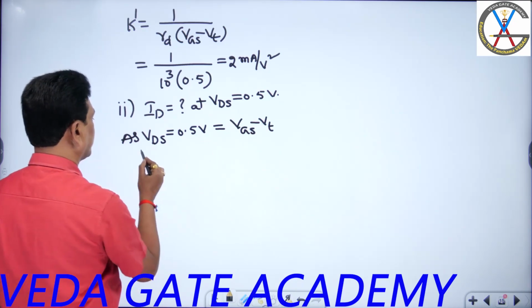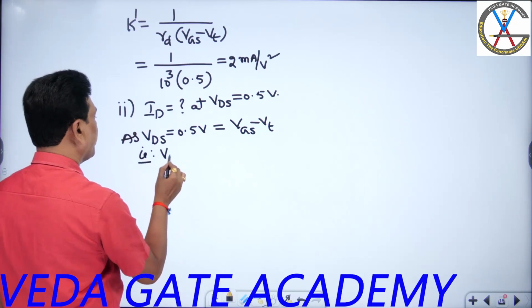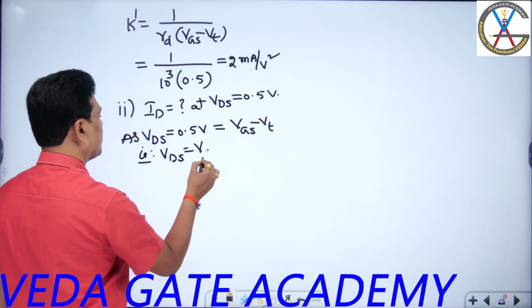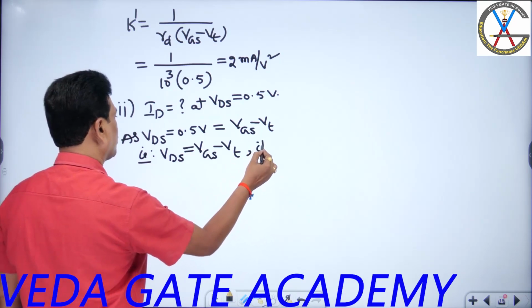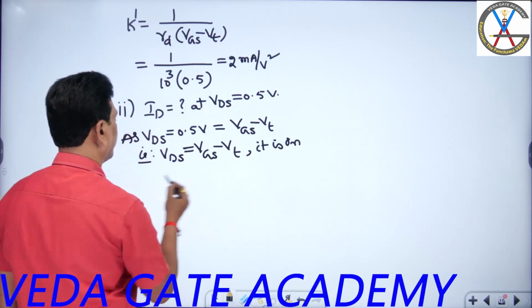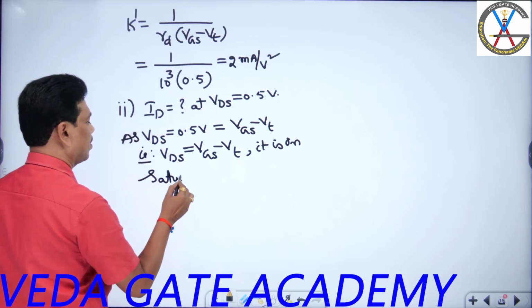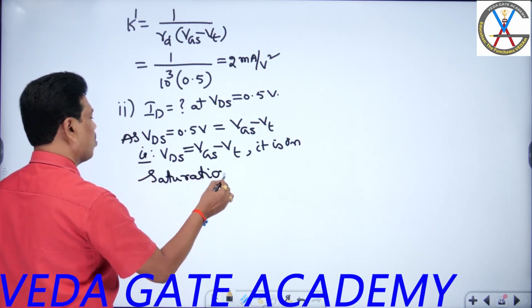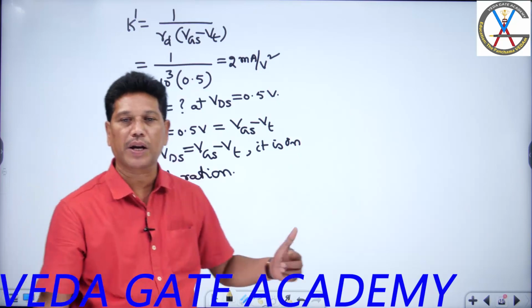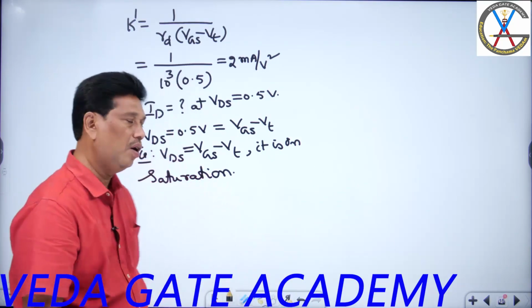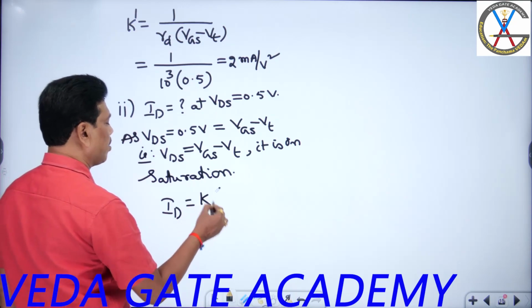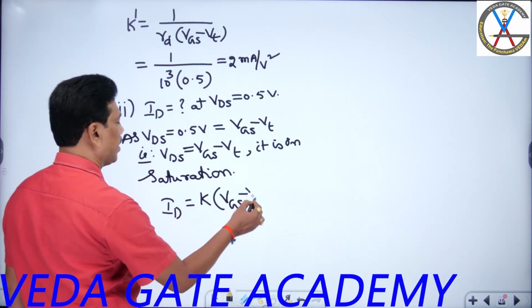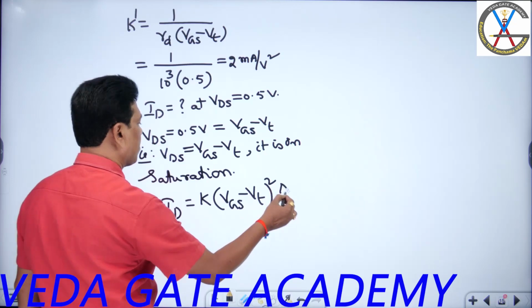So VDS equal to VGS minus VT, you say it is in saturation. So the device goes for saturation mode, you can call. What is the current in saturation mode, sir? ID equal to K into VGS minus VT whole square ampere.